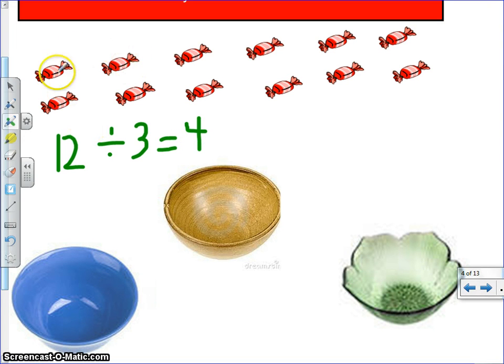So I'm taking this large amount up here, all these candies up here, I divide them into 1, 2, 3 bowls equally, and I had 4 candies in each bowl. So division is taking a large amount and dividing it and sharing it equally. It's the opposite of multiplication.